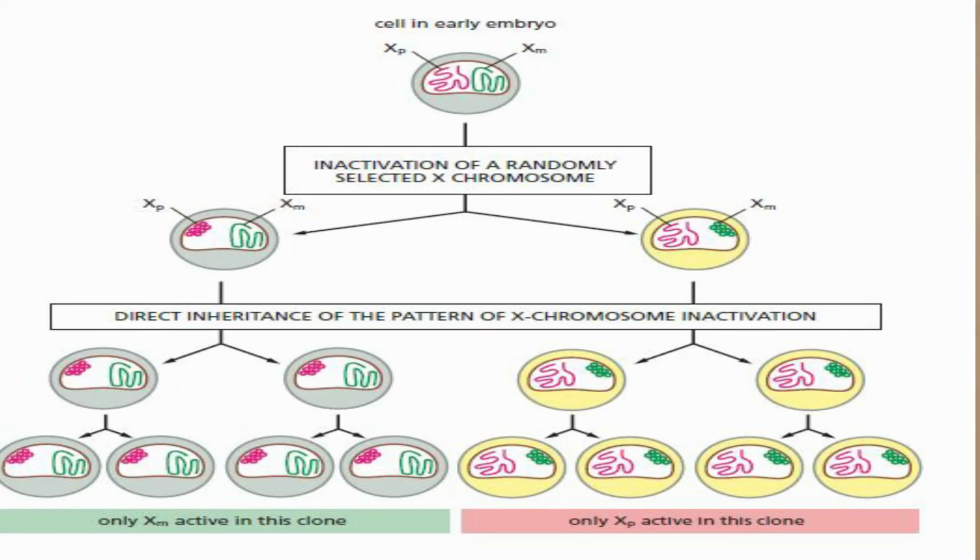And at each cell division, the same X chromosome remains condensed and inactivated in all the descendants of that original cell. Thus all mammalian females end up as a mixture of cells bearing maternal or paternal inactivated X chromosomes. In most of their tissues and organs, about half the cells will be one type and the other half will be the other type. Right? You can see, one is active and one is inactive.